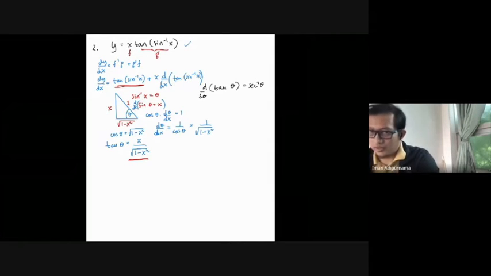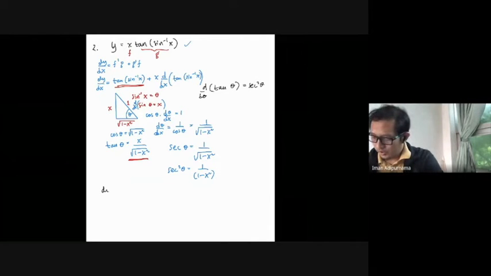Okay, so the derivative of tangent, remember, will have secant squared, right? So the secant we get from here is 1 over, secant squared is, so dy dx.